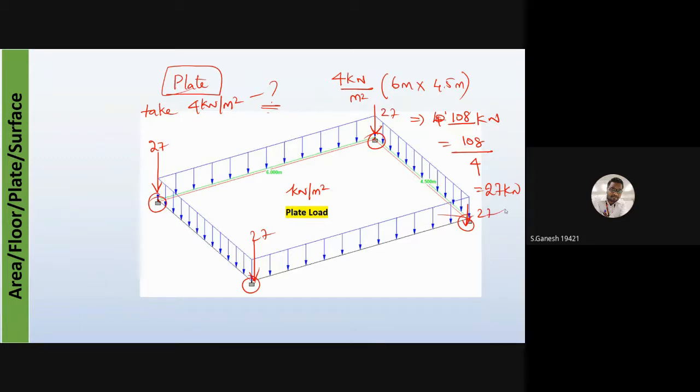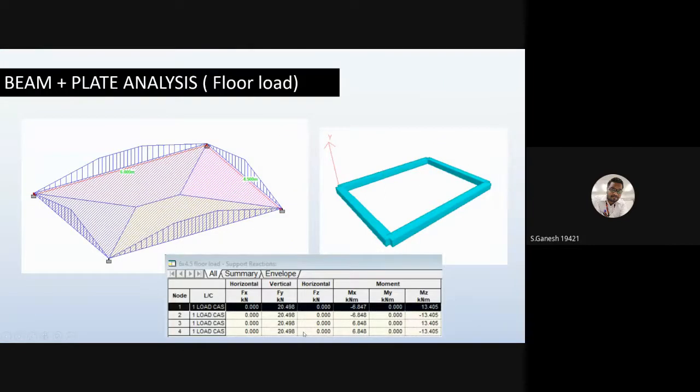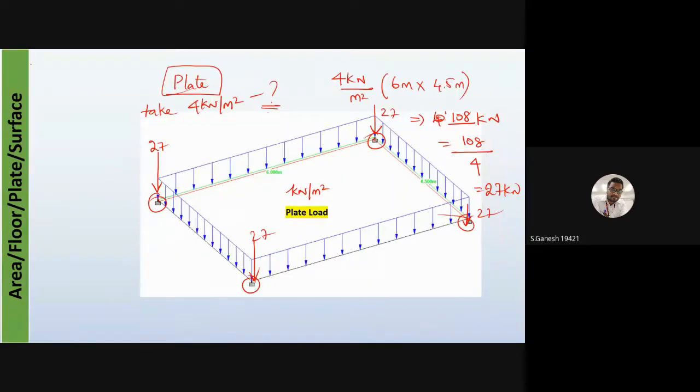Further than that, what it is doing is the self weight of the beam. You know how to calculate the self weight of the beam: the size of the beam multiplied by the density of your concrete. So you will get that in kilonewton per meter.